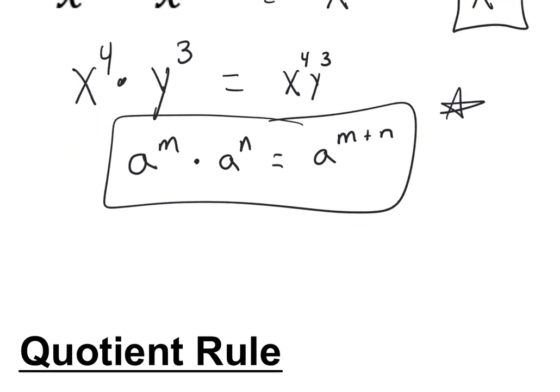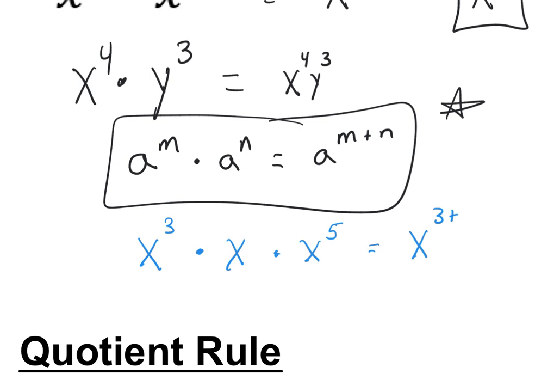With that being said, what if I have x to the 3rd times x to the 5th? Bases are all the same, so it's going to be x. The first one has 3.